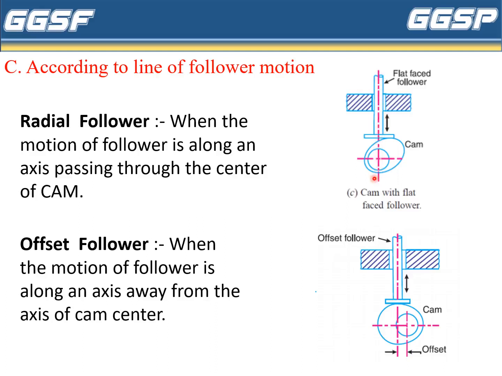Means the axis of follower and the axis of cam are same. Whereas in offset follower, the motion of follower is along an axis away from the axis of cam center. यहाँ पे follower का axis ये है जो offset है cam center के axis से. That's why it is called an offset follower.